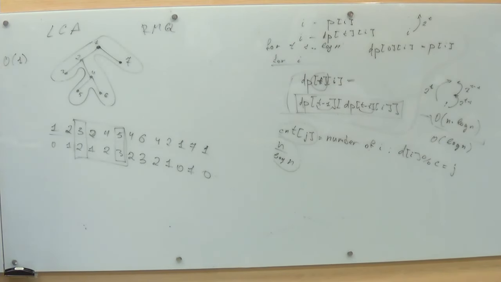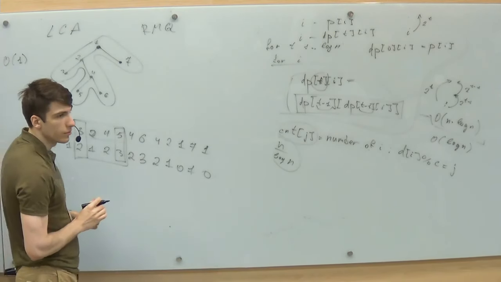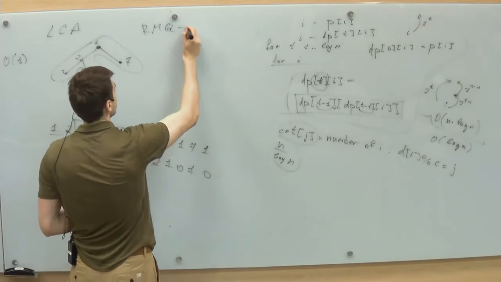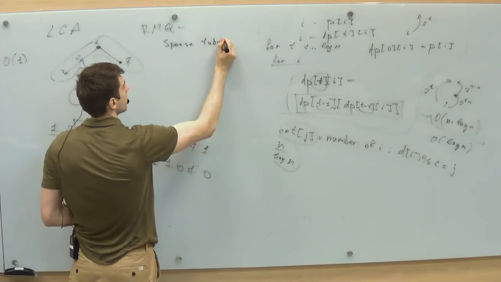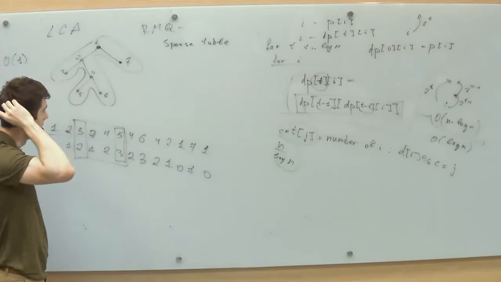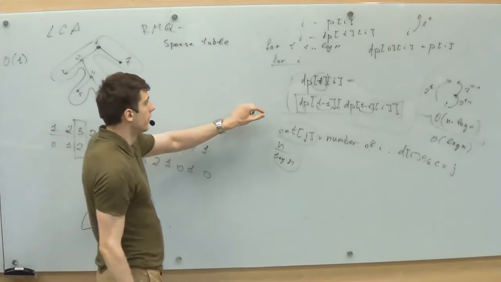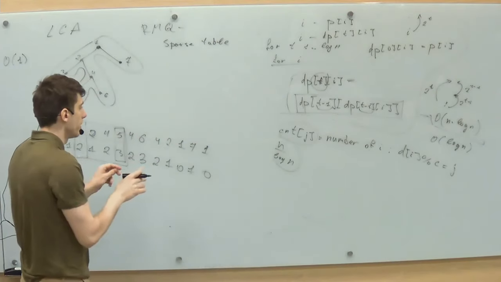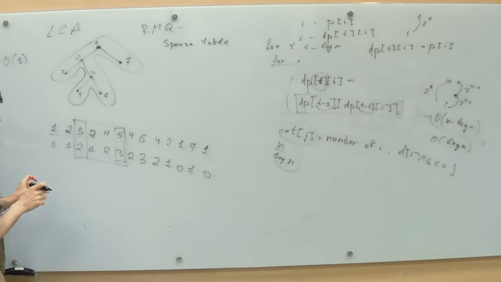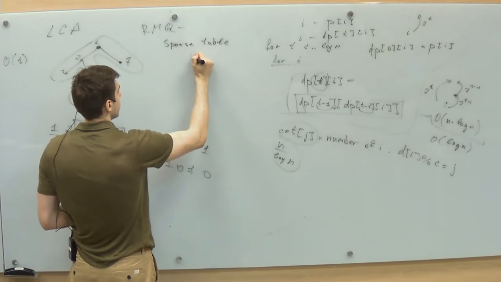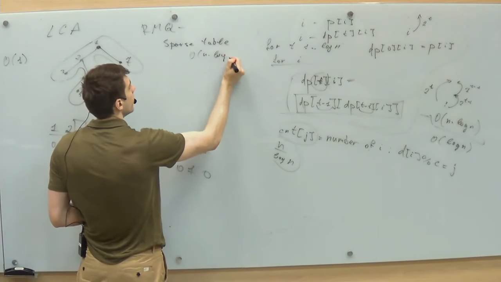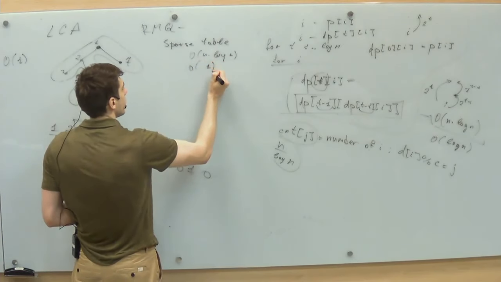And I believe Andrew has discussed ways how to do so, and one of the ways was sparse table. It has some similarity with the binary steps approach. It also splits the segment into equal parts, and if you know the asymptotics, it is logarithmic preprocessing time and constant time for the query.